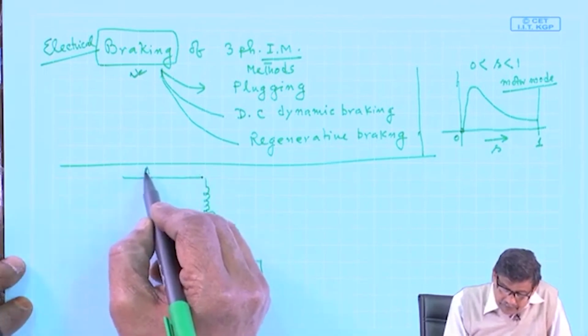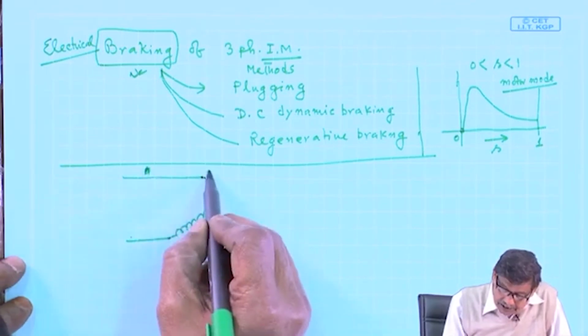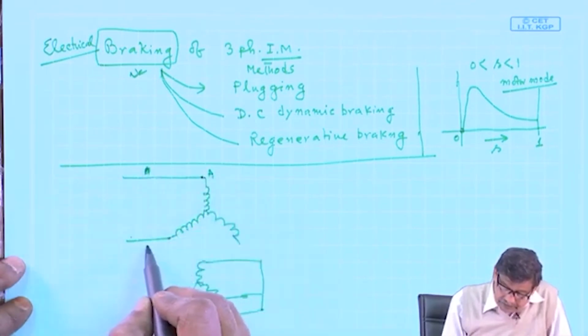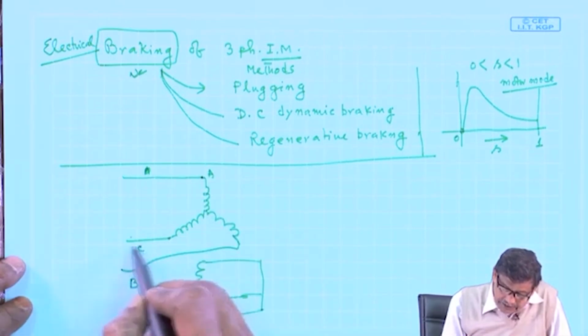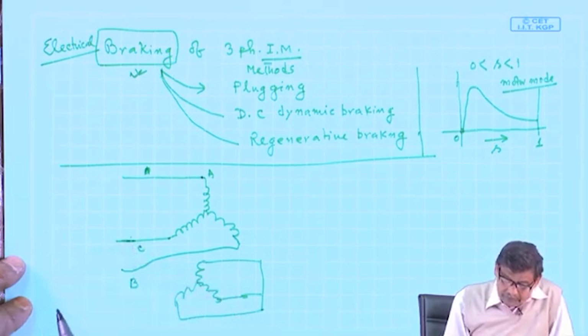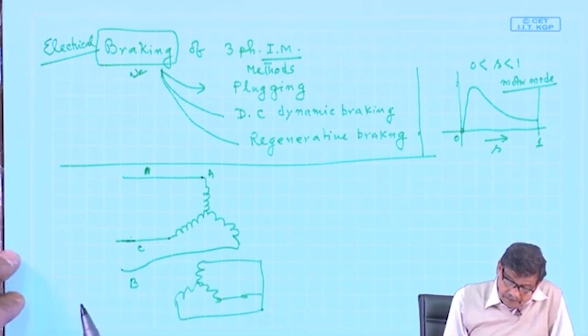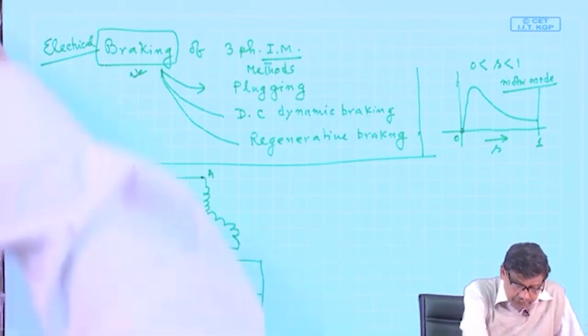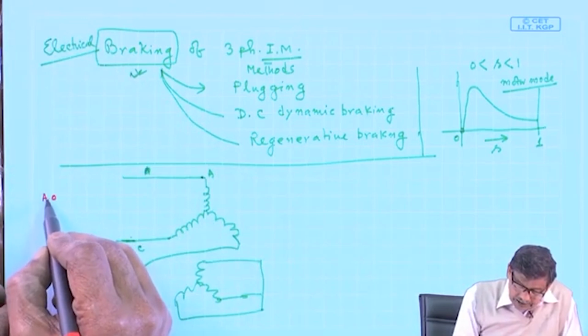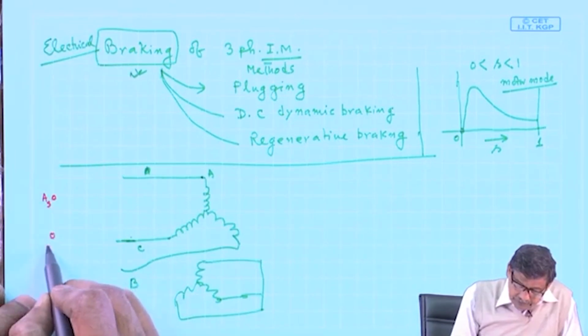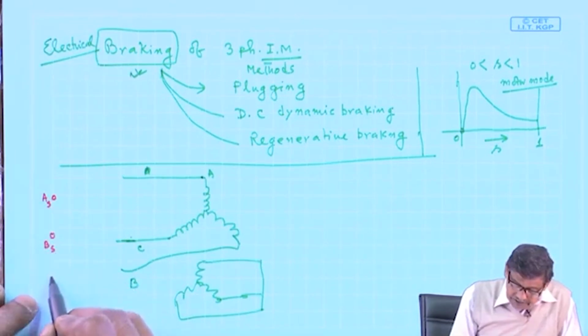This is machine A, this is machine B, and this is machine C. And these are, suppose, supply terminals: supply AS, supply BS, and supply CS.